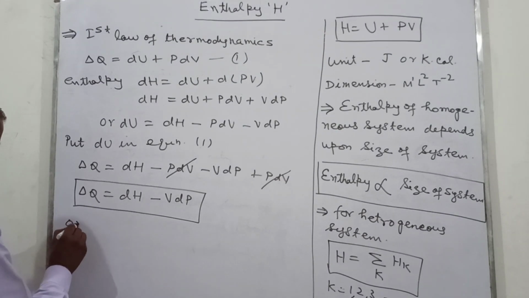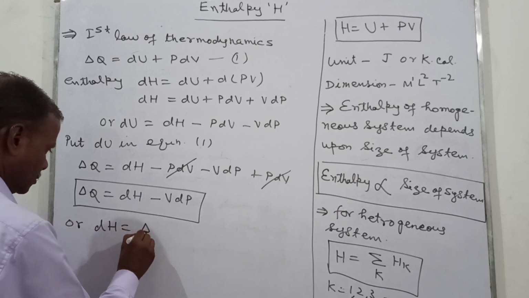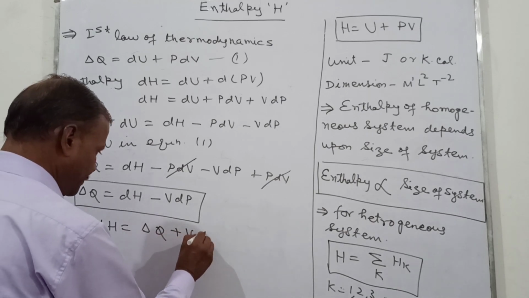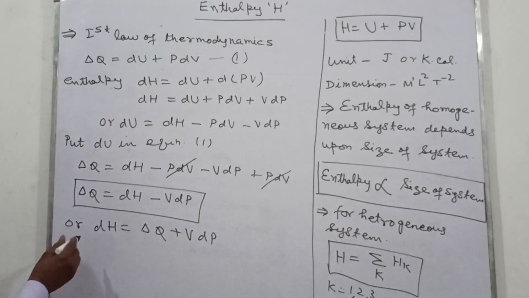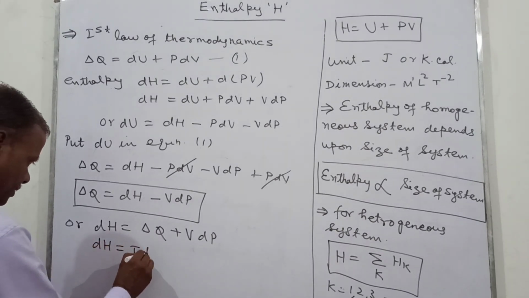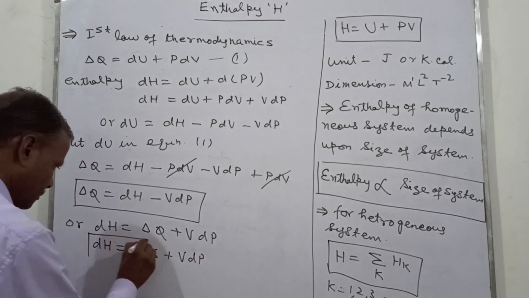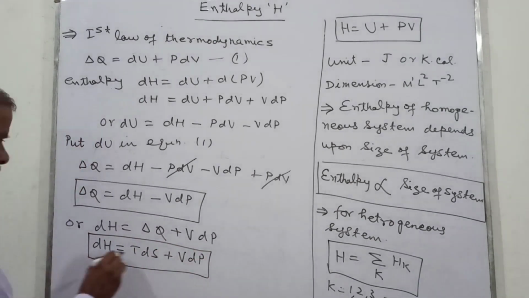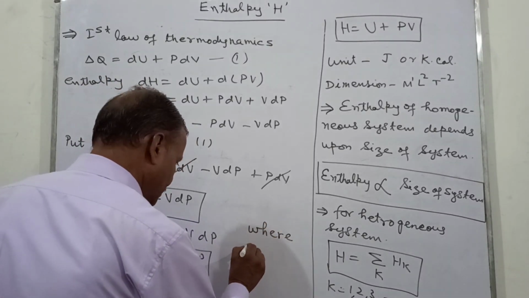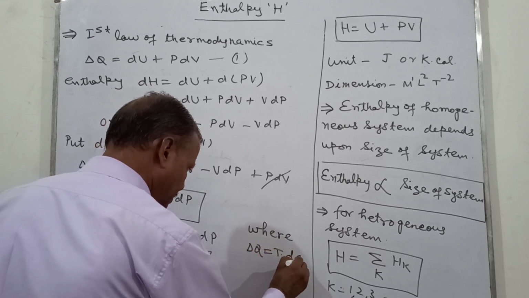Or dH equal to delta Q plus V dP. Now from second law of thermodynamics, dH equal to T dS plus V dP, where delta Q equal to T dS.